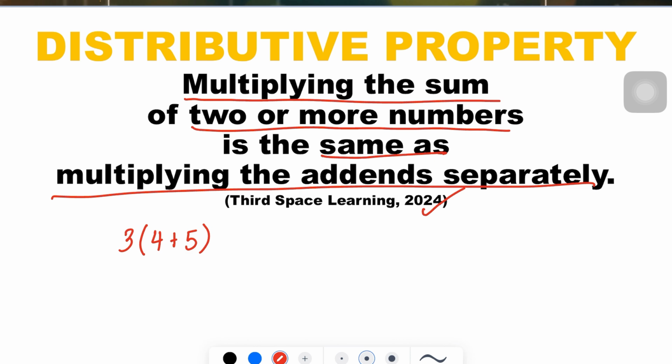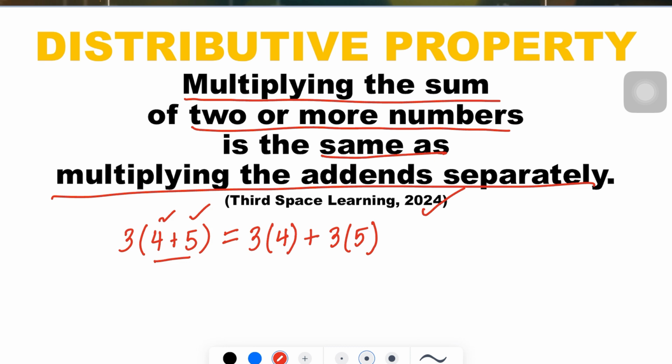The distributive property says that this expression, multiplying the sum of two or more numbers, which can be the difference as well, is the same as multiplying the addends separately. So these are the addends: 3 times 4, I'll use the parentheses as the multiplication symbol, and then plus 3 times 5.